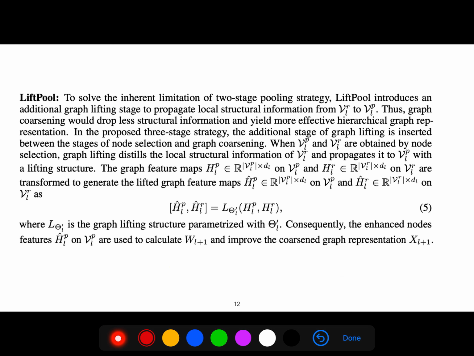To solve the inherent limitation of two-stage pooling, LiftPool introduces an additional graph lifting stage to propagate local structural information. Thus, graph coarsening would drop less structural information and yield more effective hierarchical graph representation. In the proposed three-stage strategy, the additional stage of graph lifting is inserted between the stages of node selection and graph coarsening.